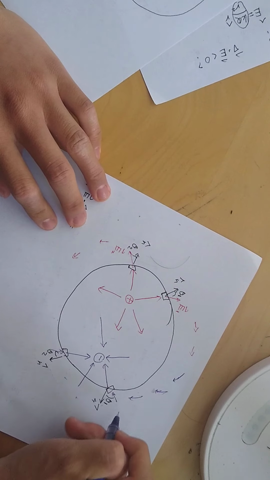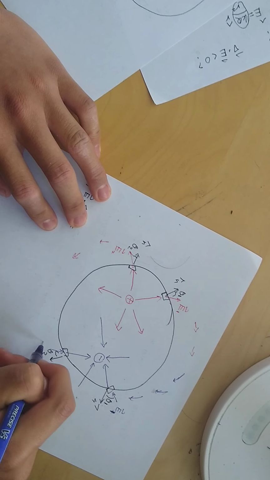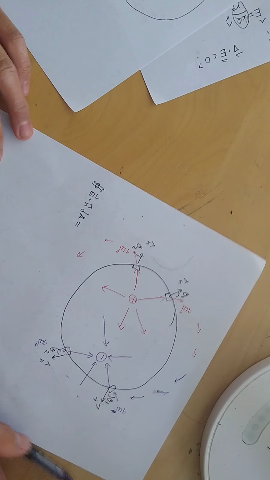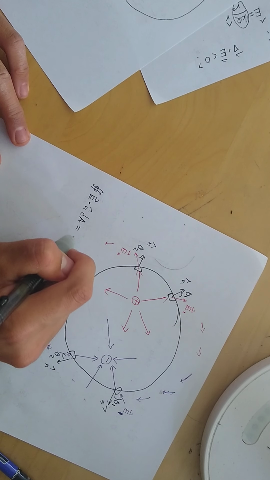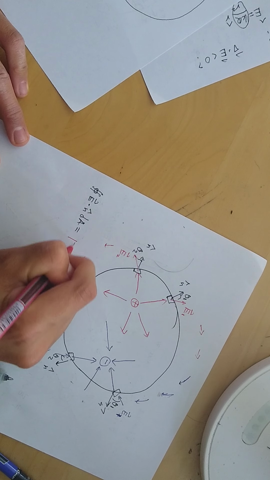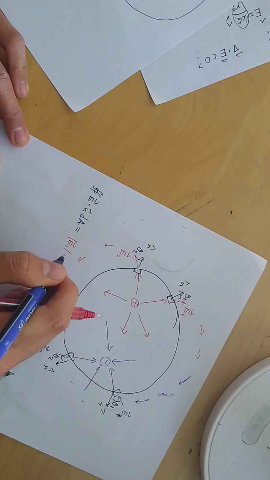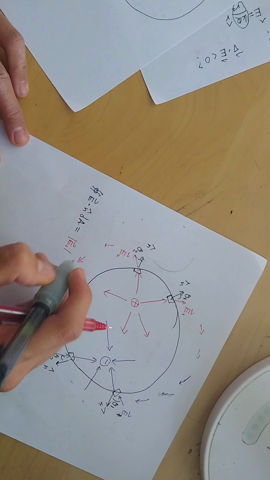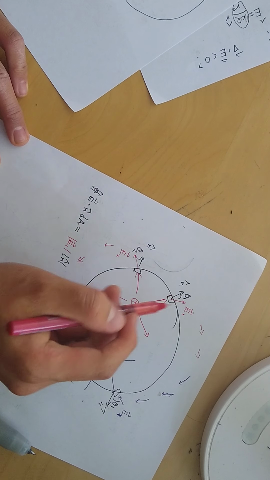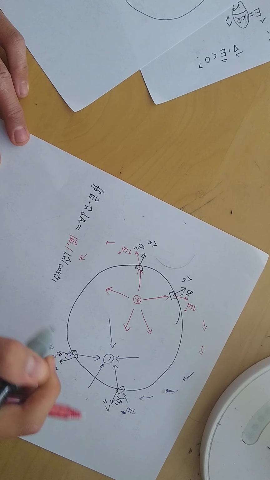So let's call this E1 right here. And let's call this E2. So when you take the dot products of all these little dAs, what you're actually doing is you're doing the magnitude of E1 times n hat, where the magnitude of n hat is just 1. But now you're finding out the angle in between them. So you have cosine of theta 1.